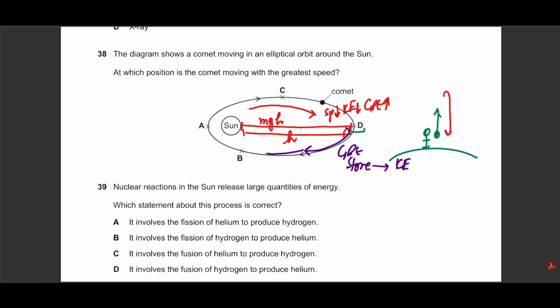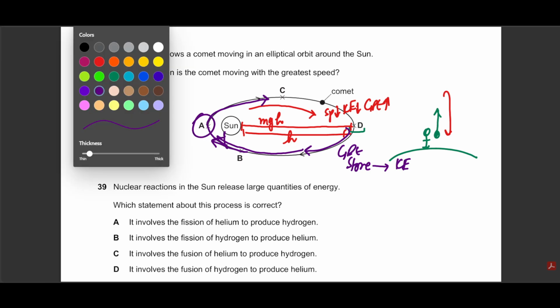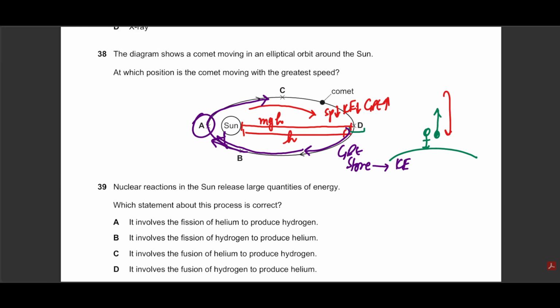So as it falls down, it is unable to fall onto the sun primarily because of its speed. It is moving at such a high speed that it doesn't have enough time to fall into the sun. Rather, it overshoots and then goes back to its own path again. So I suspect that the highest speed it will have should be at point A. And that is our right answer. That is the way to think about it.